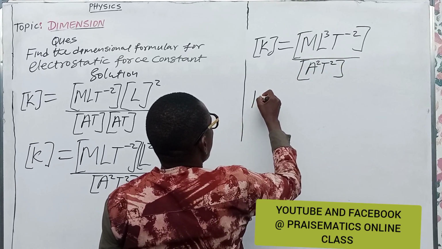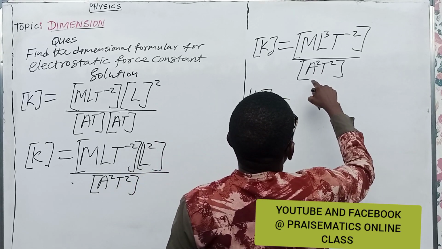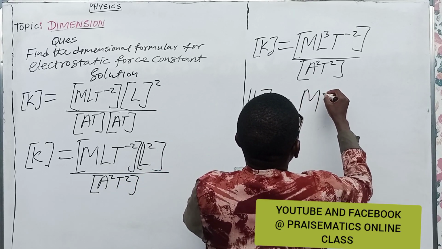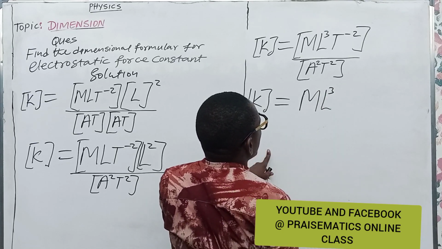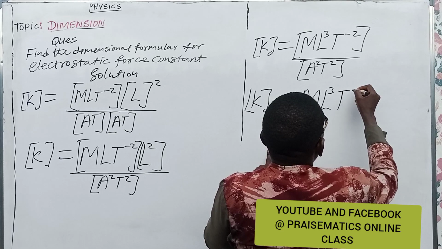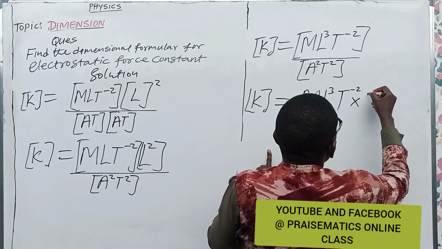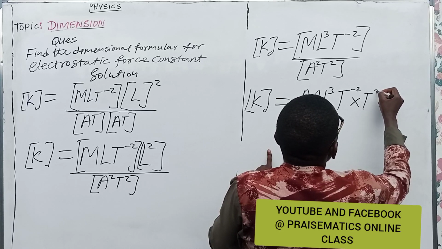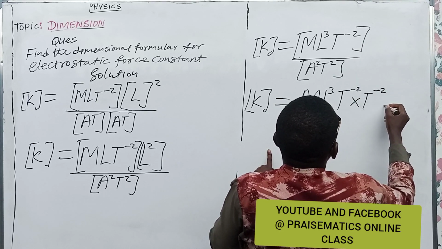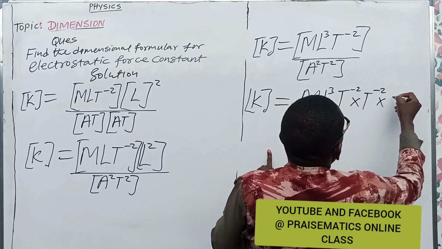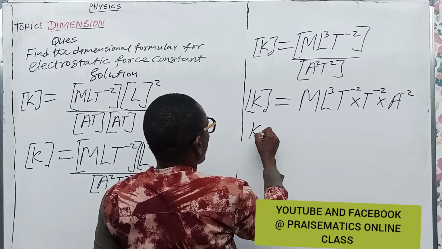And the dimension of k, the force constant, is equal to M L raised to power 3, T raised to power minus 2 multiplied by T raised to power minus 2, multiplied by A raised to power minus 2.